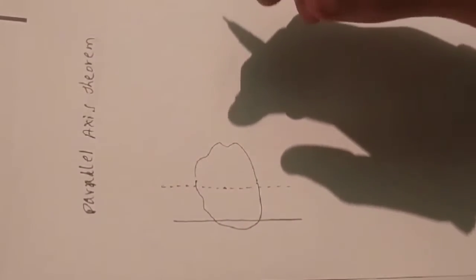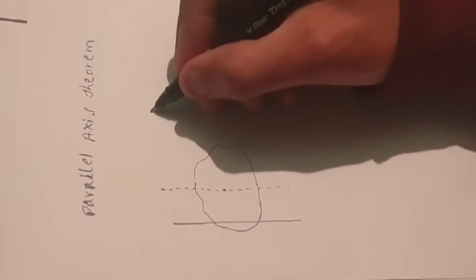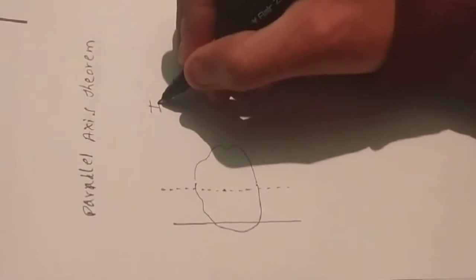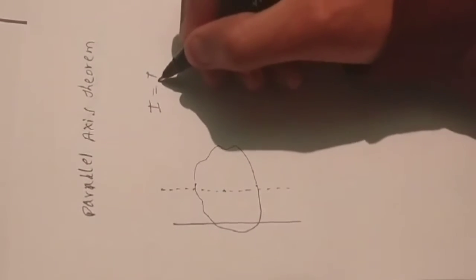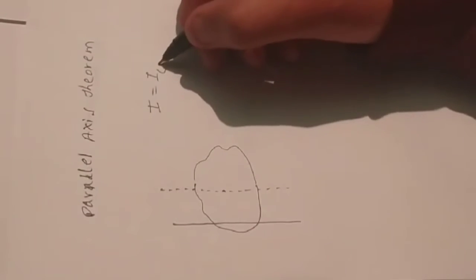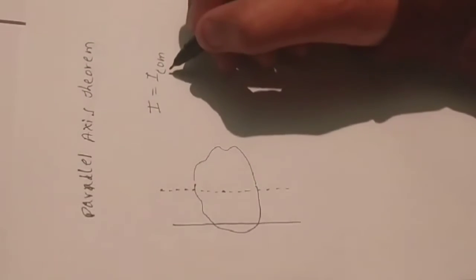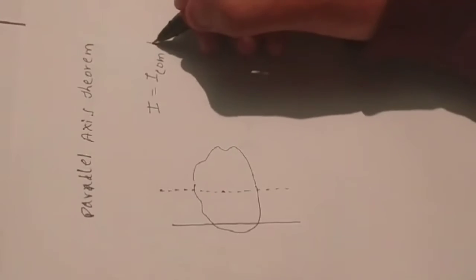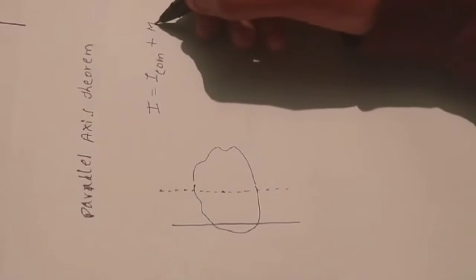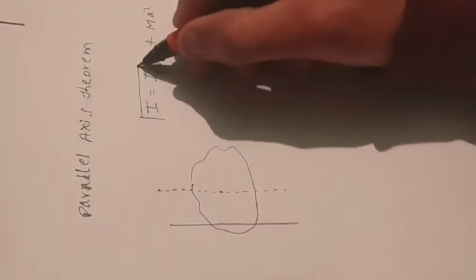In this parallel axis theorem, the center of mass is really important. The formula is I, moment of inertia, equals ICOM, the center of mass, plus M a square. So this is the formula.